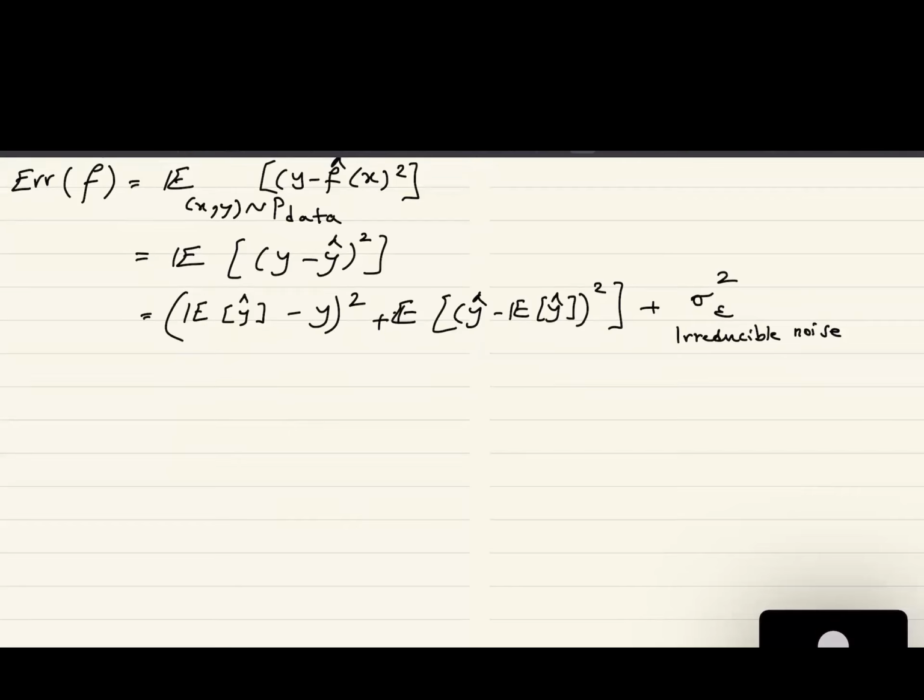The first part we call the bias, and the second part is the variance. What bias does is basically measure how far the average model prediction is from the truth. This distance comes from some inherent assumption that we made that limited the model's expressivity to predict that.